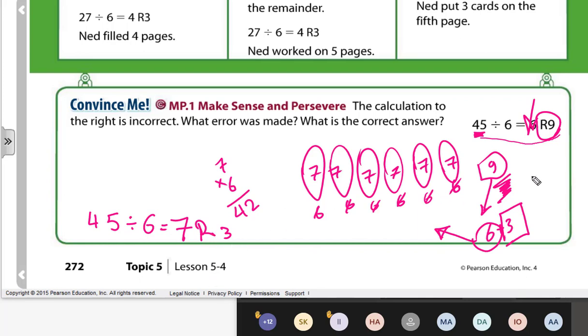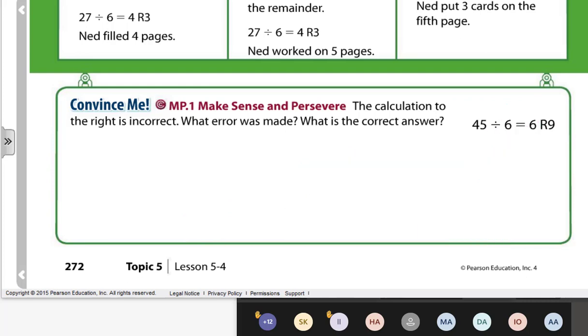I think this is better. Why? Because we cannot have 9 as a remainder. We are dividing by 6. So we cannot use remainder 9. So in this case, my heroes, again, the remainder cannot be greater than the divisor. Okay, my heroes, write with me. This is very important to know.